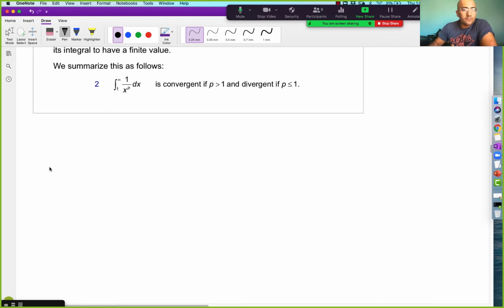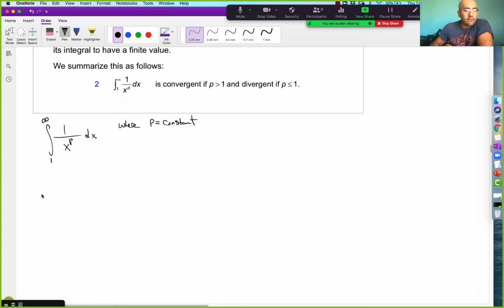The integral from 1 to infinity of 1 over x to the power of p dx, right? So this is where p equals a constant, and keep in mind x is the variable of integration.